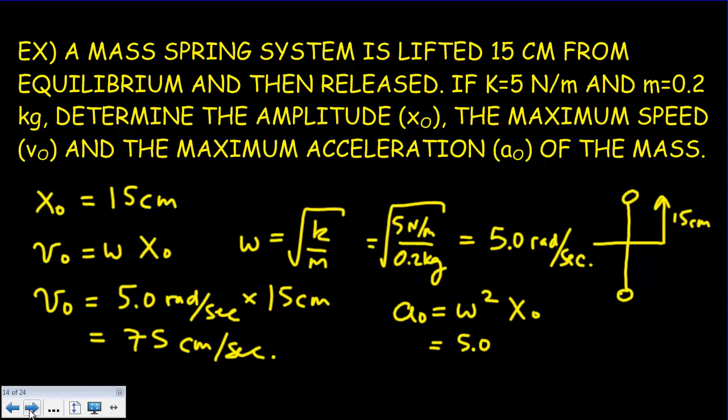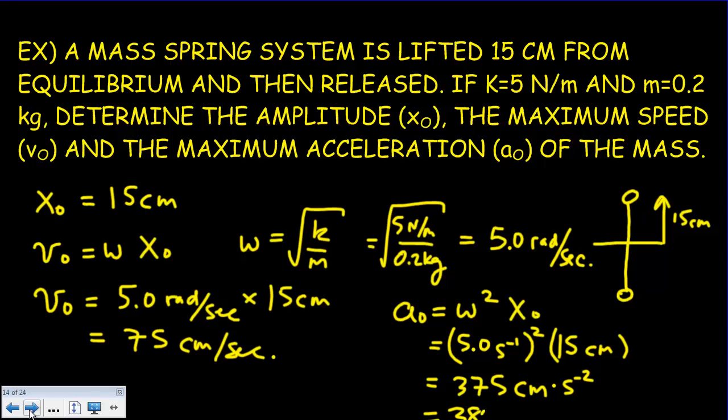So let's look at the units on this one. We've really got 5.0 seconds to the minus 1, all squared, multiplied by 15 centimeters. That gives 375. And the units will be centimeters, and the seconds to the minus 1 gets squared, so that's times seconds to the minus 2, or centimeters per second squared, which you should recognize as being a proper unit for acceleration. And we should not keep so many significant digits here.